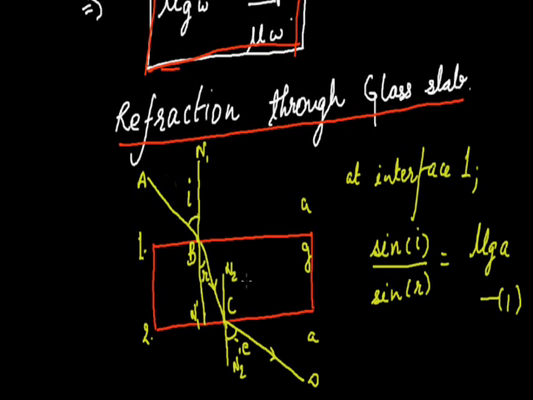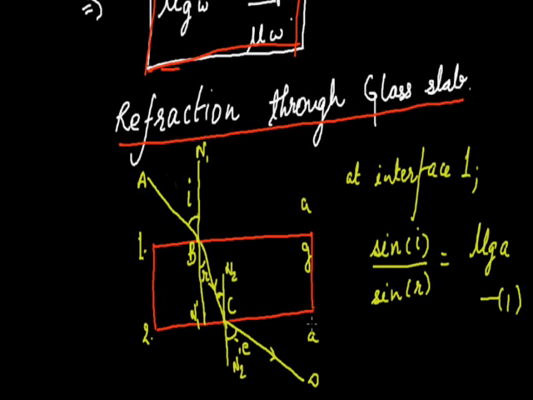Now by the geometry we can see that this angle N1 dash BC and N2 CB, that is this angle, should be the same value because of being alternate interior angles between the two parallel lines, N1 N1 dash and N2 N2 dash. BC behaves like a transversal, and that's why these two alternate interior angles should be the same value.